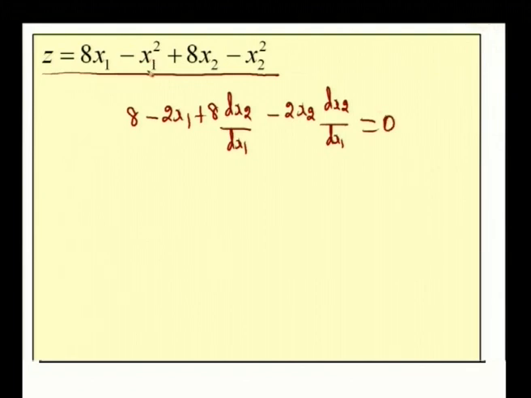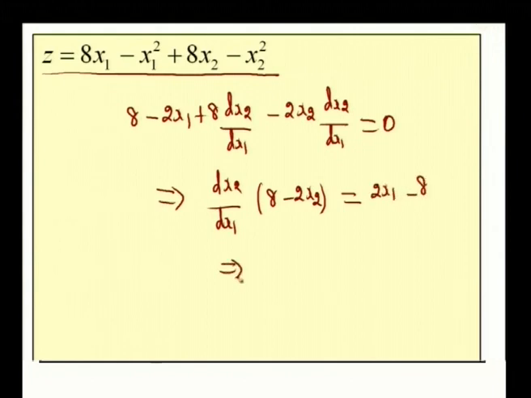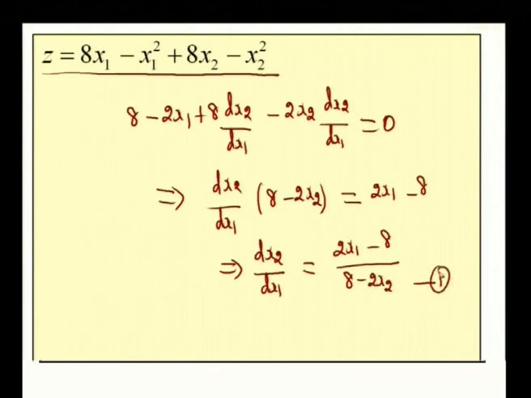Now, we try to simplify this equation. dx2 by dx1 of 8 minus 2x2 equal to 2x1 minus 8. So, from this equation we have dx2 by dx1 equal to 2x1 minus 8 by 8 minus 2x2. We take it as equation 1.